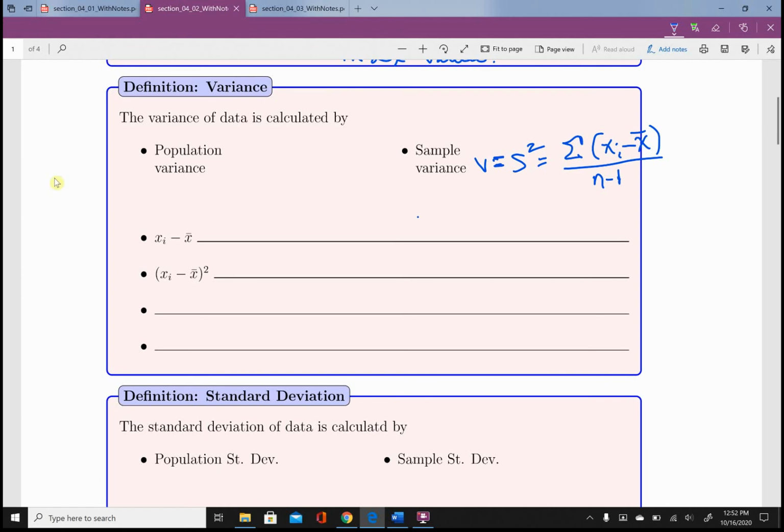Okay, so really there's no V to this. It's really just considered to be S squared, which is interesting, that the variance is intimately acquainted with the idea of the standard deviation, which is what we'll get to in a second. So the population variance, on the other hand, uses a Greek letter, sigma, but it's squared.